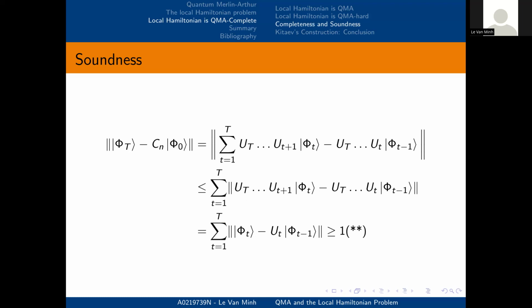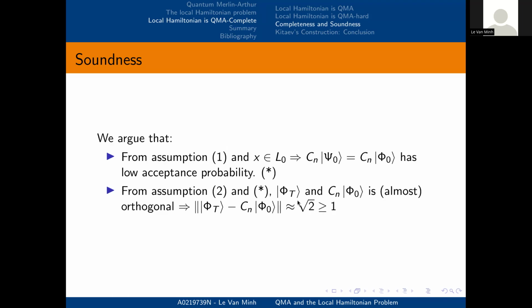And we get the third line because in each of these terms, ut times ut minus 1 times ut minus 2 is a unitary operation, so that the norm is preserved, and we can simplify it into the third line where it is larger than 1, as we have concluded in the previous slide.